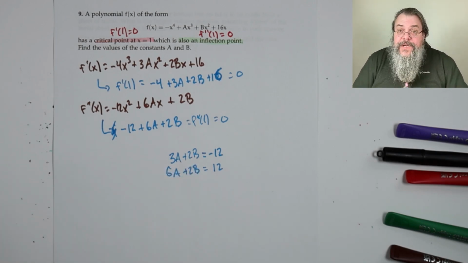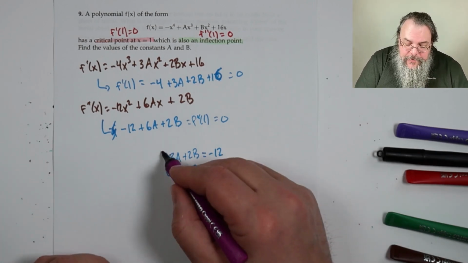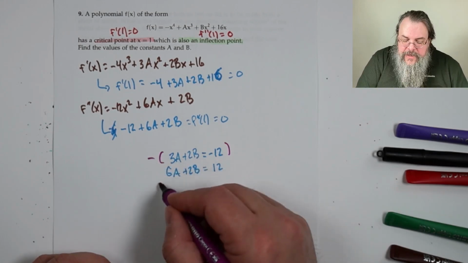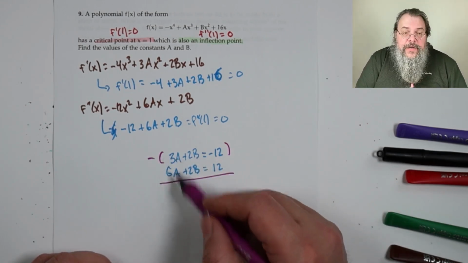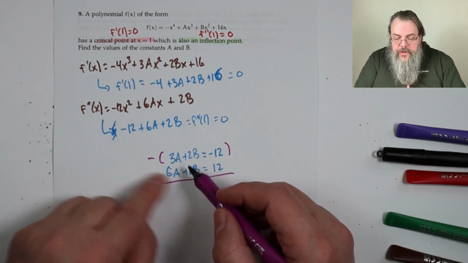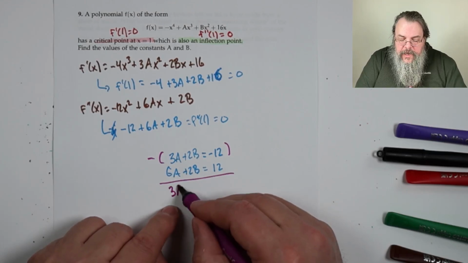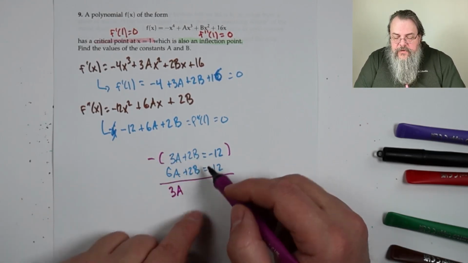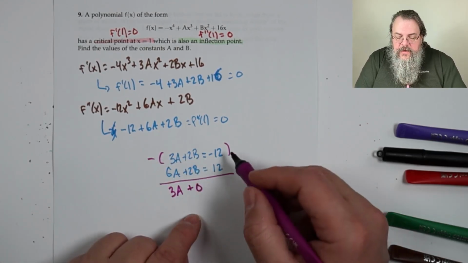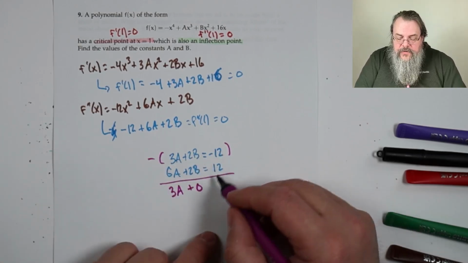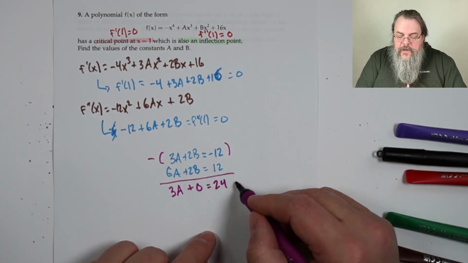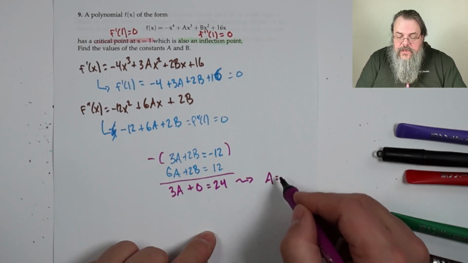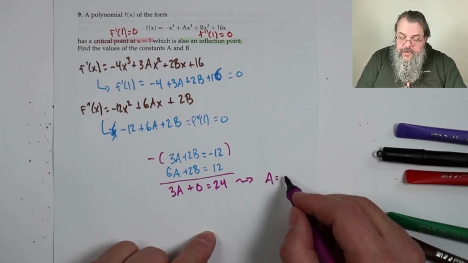They both have 2b. So what if we take the first equation and subtract it from the second equation? Minus 3a plus 6a is 3a. Minus 2b plus 2b is 0. Plus 12 makes 24. So that says a should equal 24 divided by 3, which is 8.